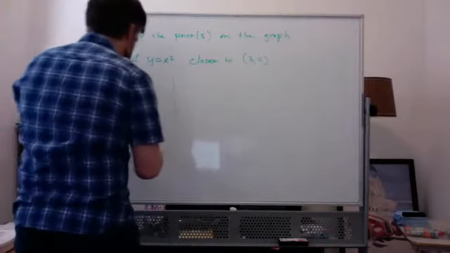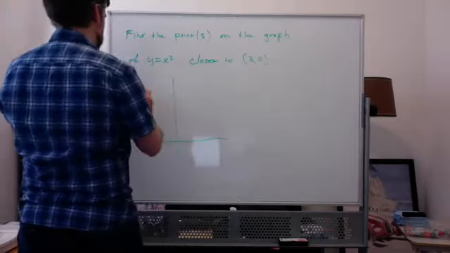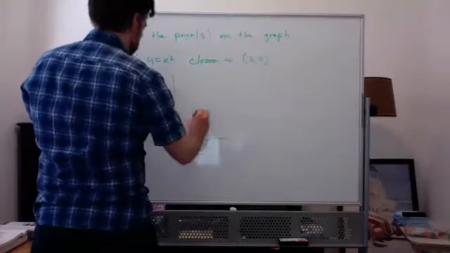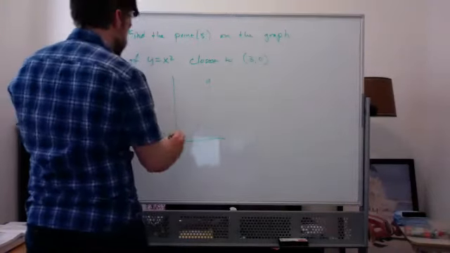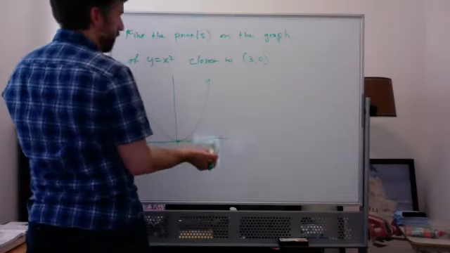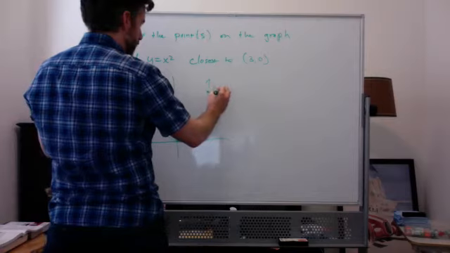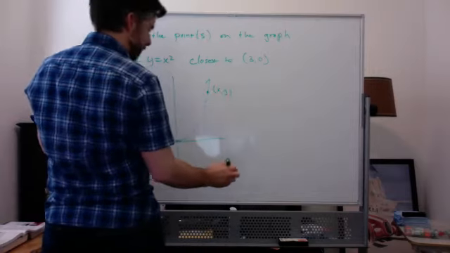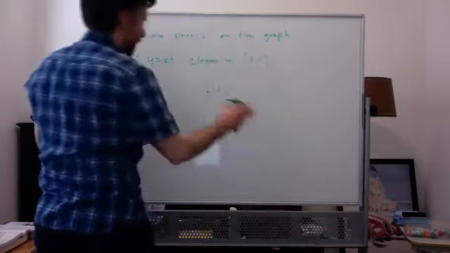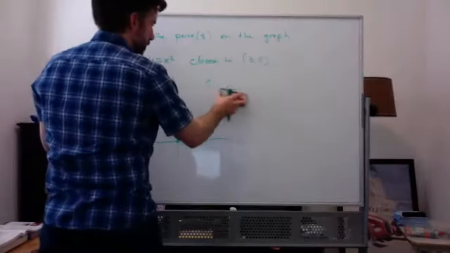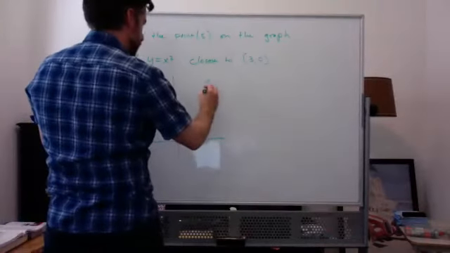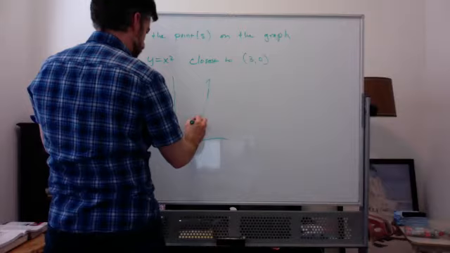So here's our graph, y equals x squared. And we're trying to find the point. So we're going to call the point on our graph x comma y. It doesn't matter where you draw it, but I'm going to make it a little bit nicer. Let me go right here.